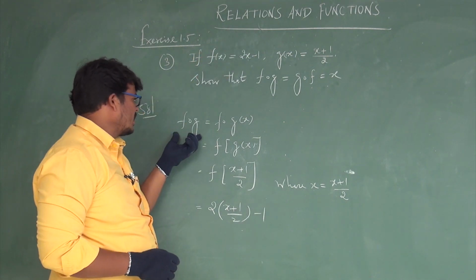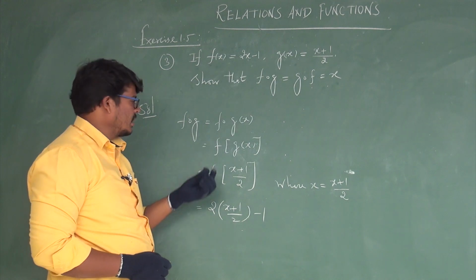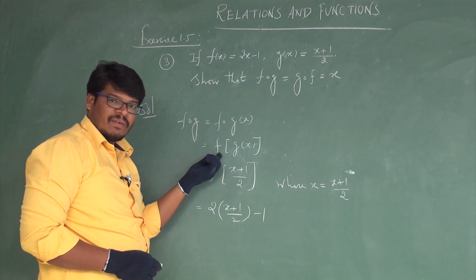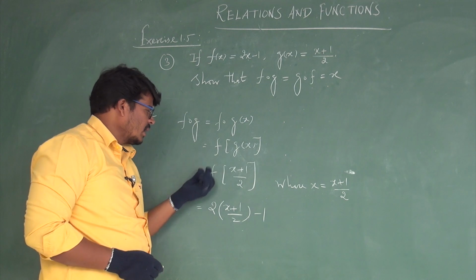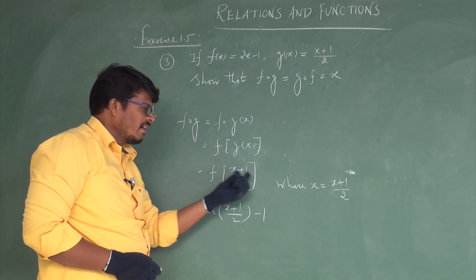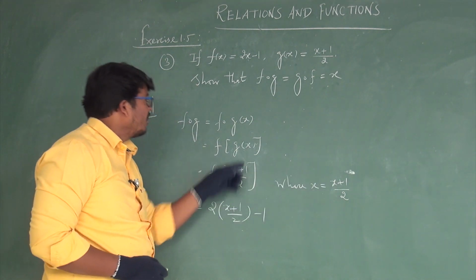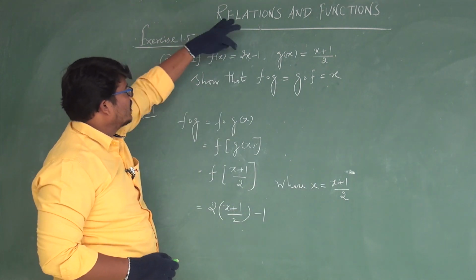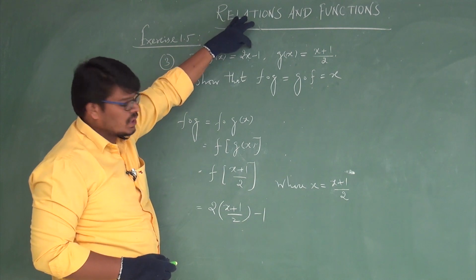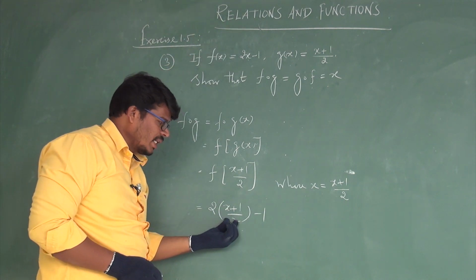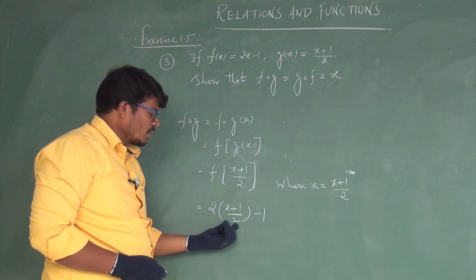Here f dot g is f of g of x, f is outside, and the entire function is f of x, where x is replaced by (x plus 1) by 2. So f of x is 2x minus 1, where x value is (x plus 1) by 2, minus 1.